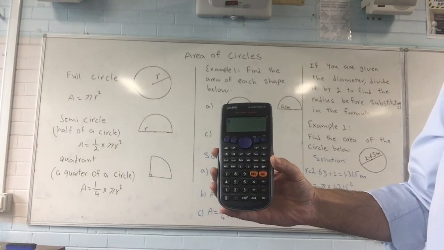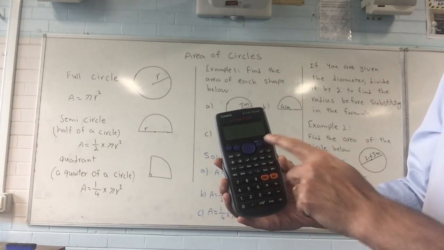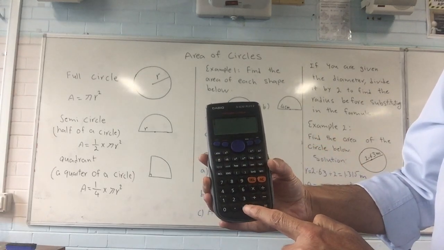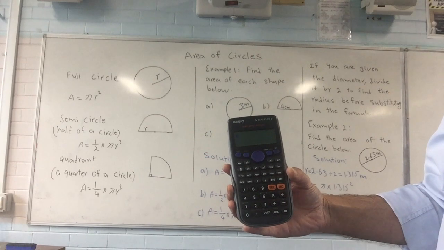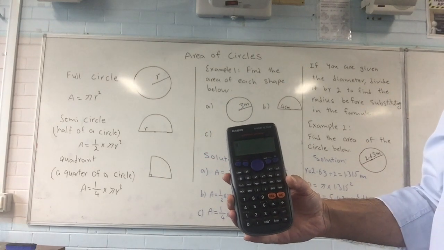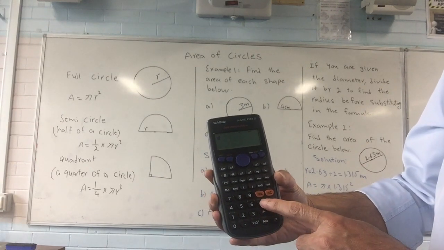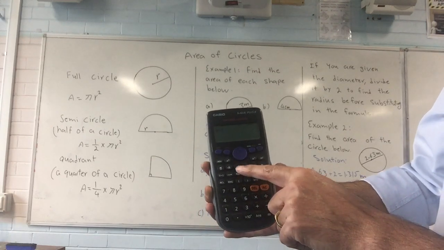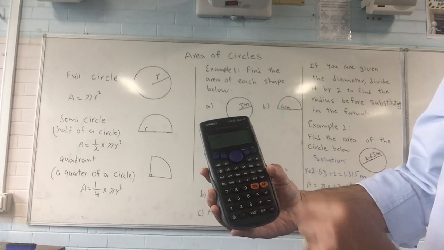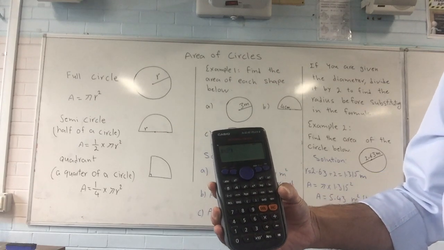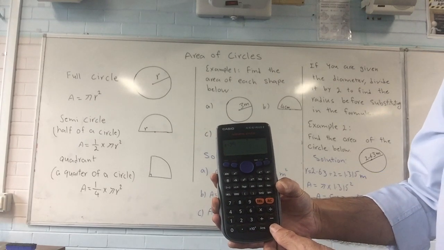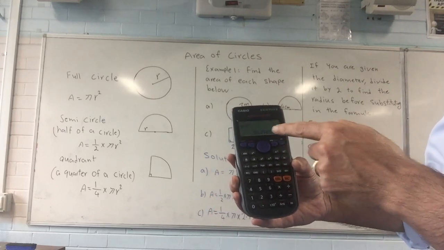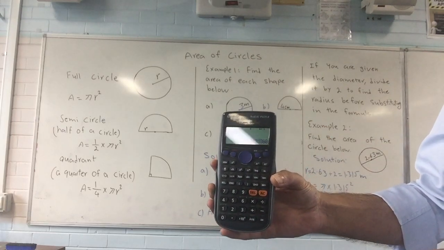So you get number pi like that. Once more, so shift and then this. That gives you pi. And I'm trying to find pi times 3 squared. Then times it by number 3, and then square. That's the square sign. You press on that. So pi times 3 squared is typed in, then equal. And you get this long answer, as I explained before.